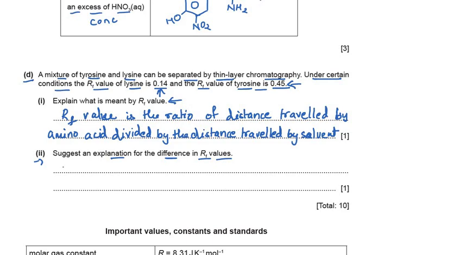So one of the reasons can be that the tyrosine is more soluble in the solvent used. Or you can also say that the lysine was more attracted to the stationary phase of the thin layer chromatography. That's why it traveled less distance. That also can be one of the reasons.